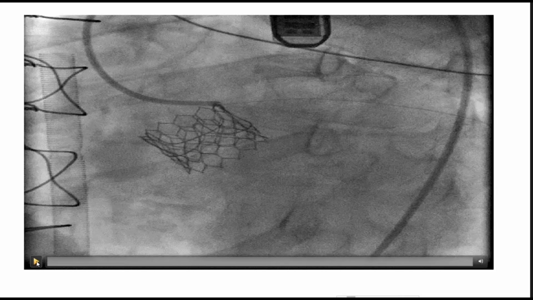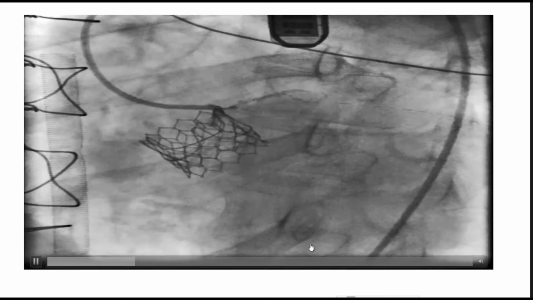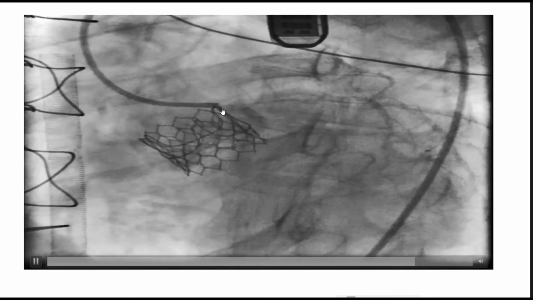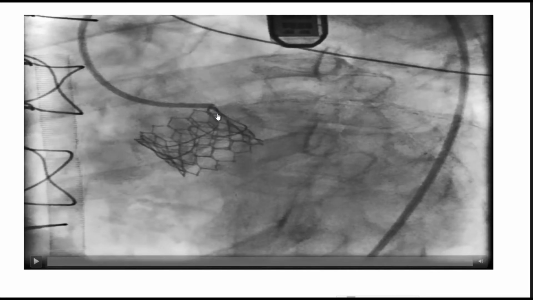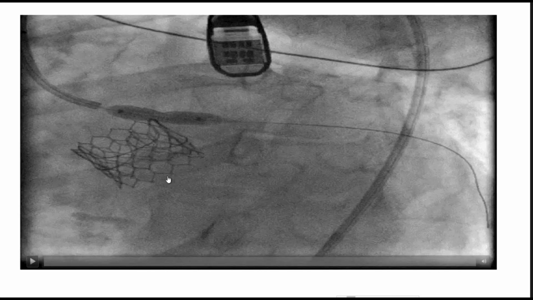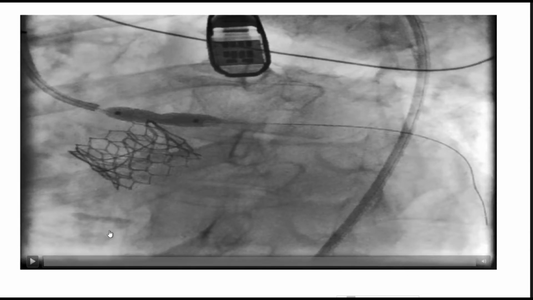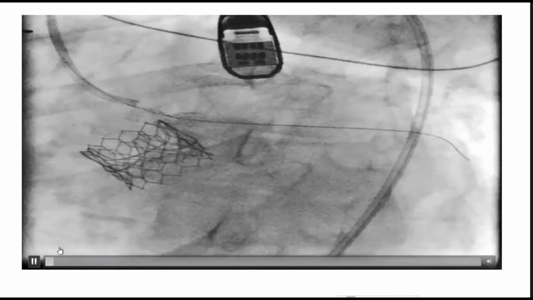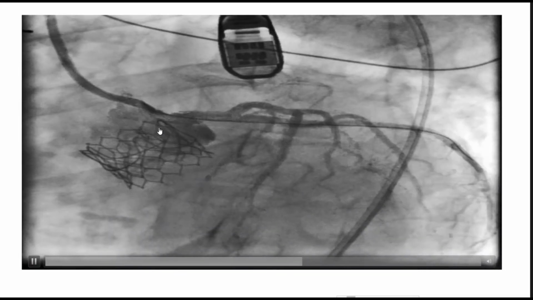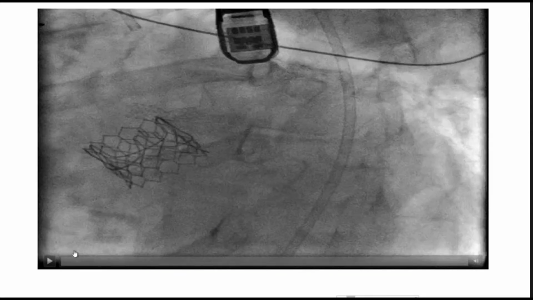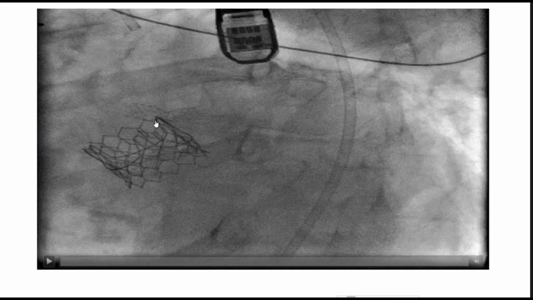And so she was brought back down, and this is what they found on cath, and this is the left main. And so the left main has now been jailed and occluded, so they're dilating the left main. They end up stenting the left main and opening it back up, and they leave the stent, and you can see the stent here actually protruding into the aorta.